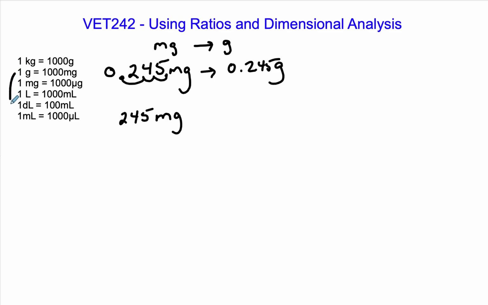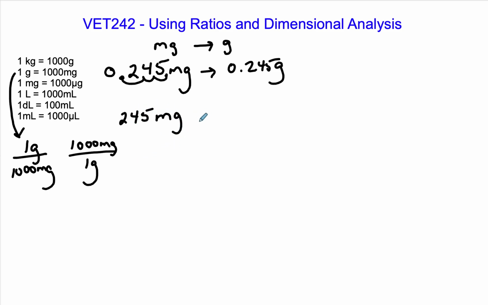So we can take this 1 gram equals 1,000 milligrams, and we can say that in 1 gram, there are 1,000 milligrams. That's totally a true statement. Or we can flip it around. We can say that, hey, in 1,000 milligrams, that's going to equal 1 gram. And then we can go back and use these ratios to do our metric conversions.